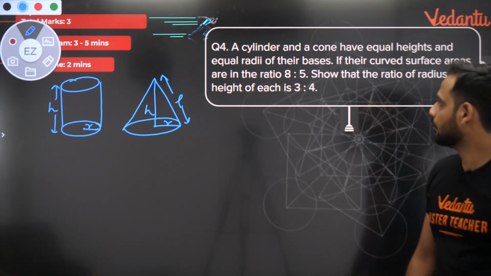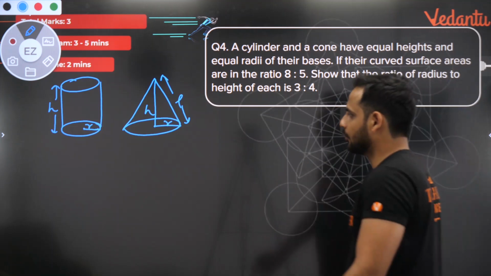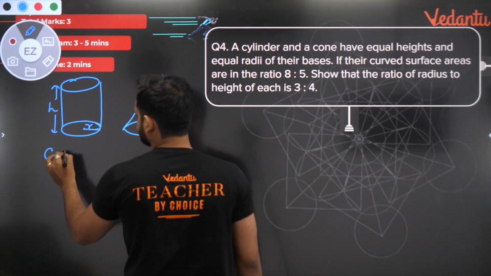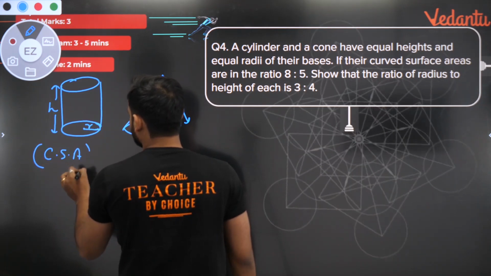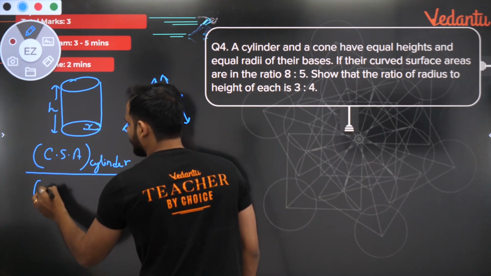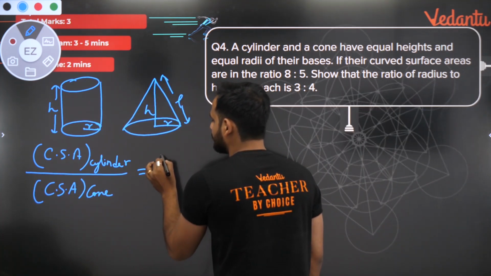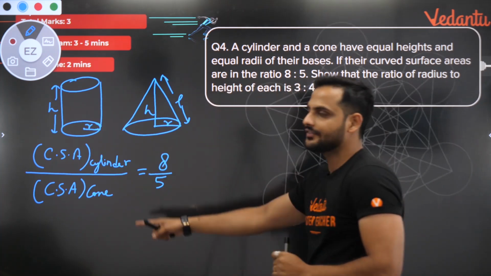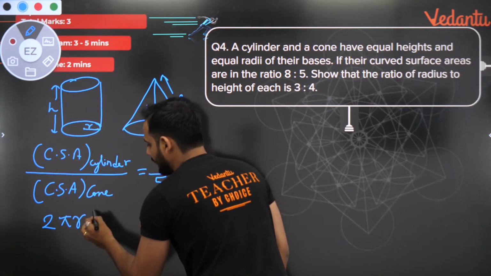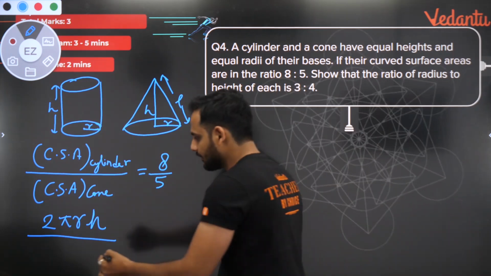Okay, now they have told that the ratio of their curved surface areas is 8:5. So I can say CSA of cylinder divided by CSA of cone is given as 8/5. CSA of cylinder is equal to what? 2 pi r h, and CSA of cone is pi r l.